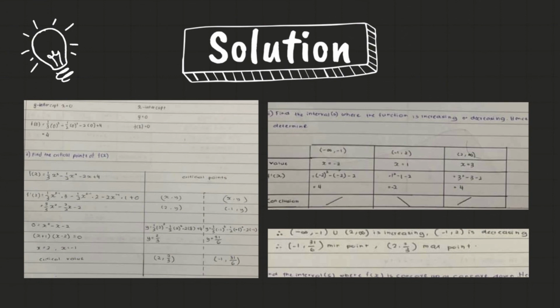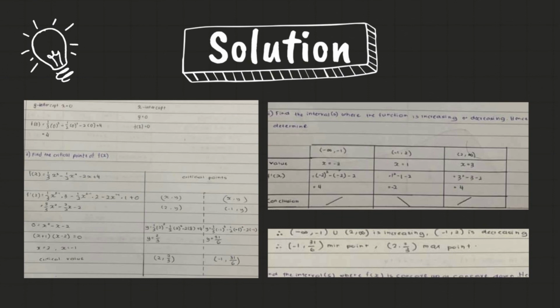The third question is how to find the intervals where the function is increasing or decreasing. Hence, determine the relative extremum of f(x). First, draw three columns. In the first column, put the interval from negative infinity to negative 1. The second column, negative 1 to 2, and the last column, 2 to infinity. For the second line, put the test values. For the first column, the value must be less than negative 1.